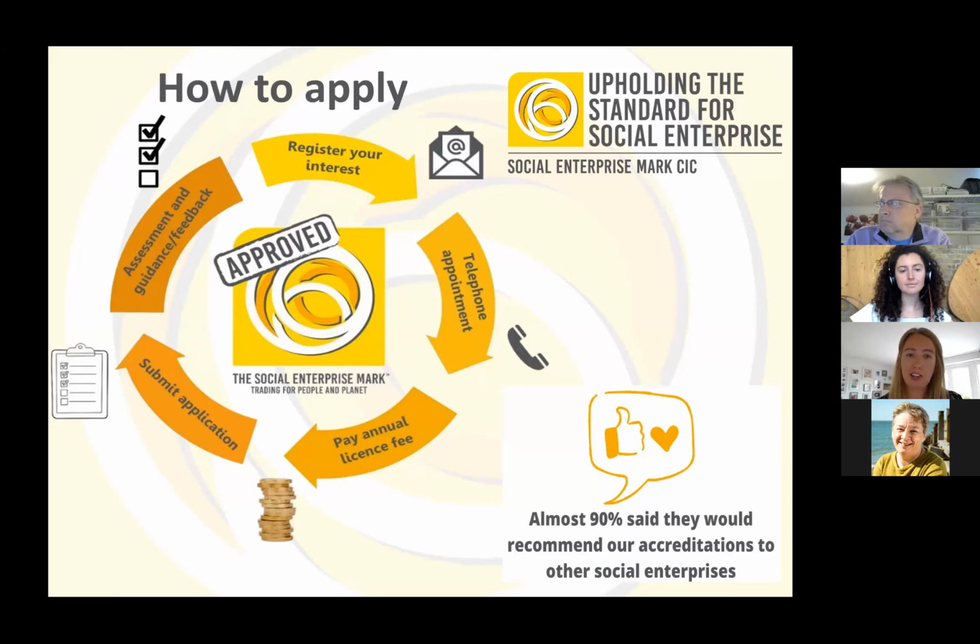Typically, if an organisation is quite confident that they meet our criteria and we feel that's the case too, we can turn around from application to approval in a couple of days, typically a couple of weeks. If some support is needed to make some changes, for instance, to your clauses, naturally it takes a bit longer.